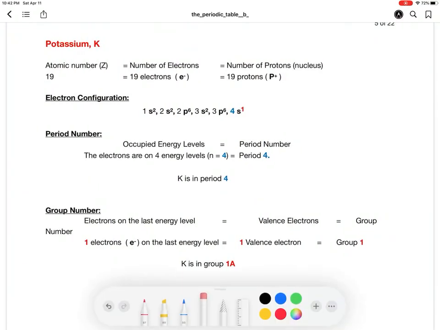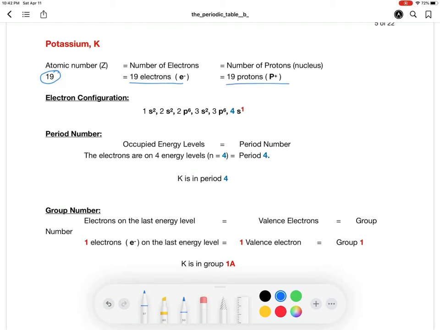I have an example for you here. I have potassium. Potassium has an atomic number of 19, so it has 19 electrons, 19 protons. Usually the number of electrons is the same as the number of protons. This is the electronic configuration.